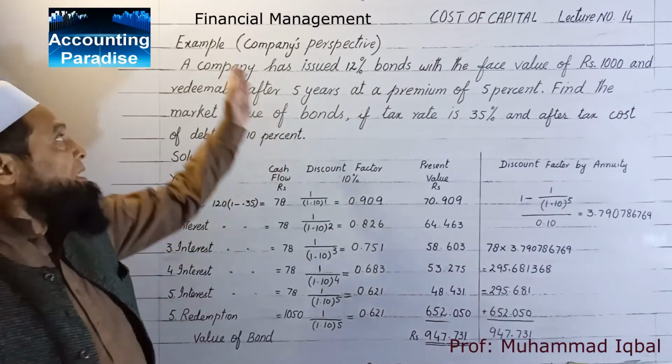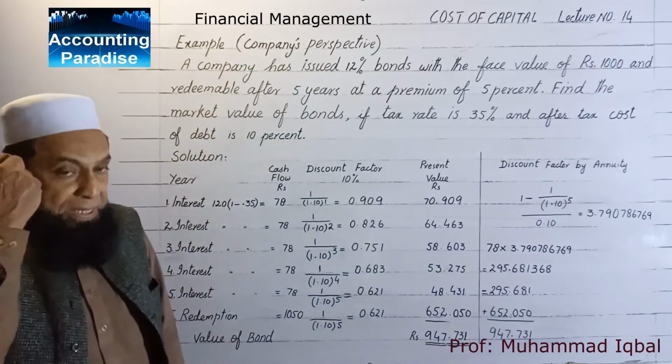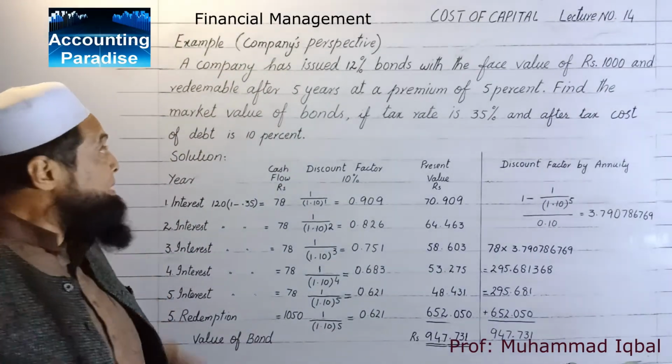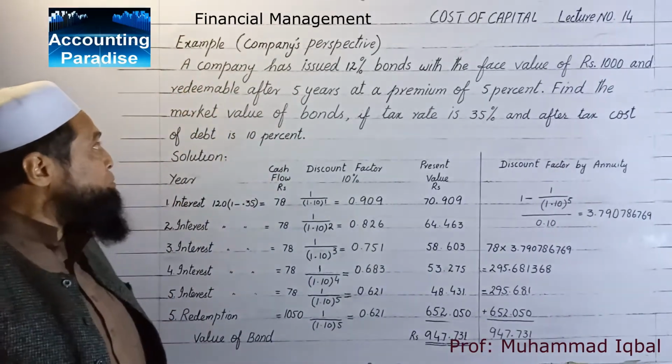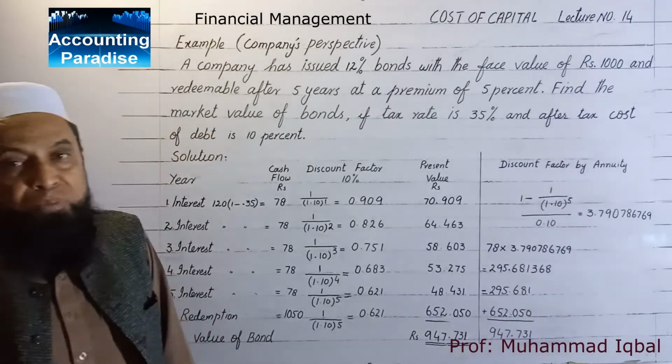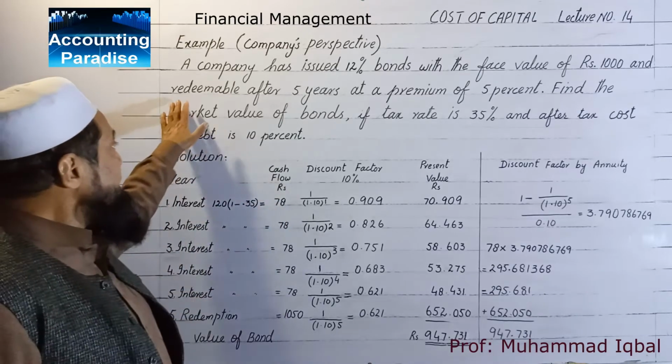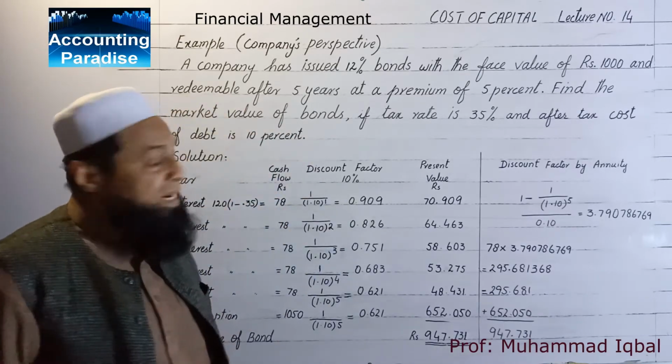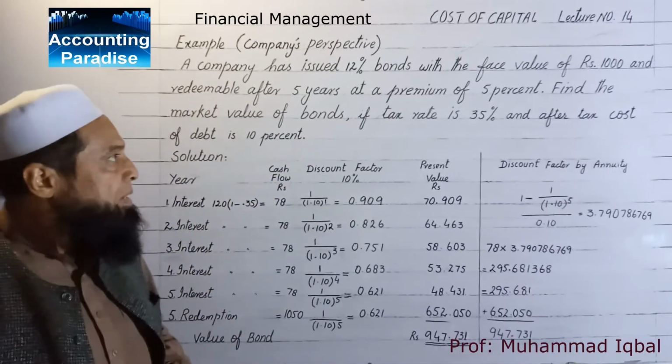Now the second example, from the company's perspective. A company has issued 12% bonds with a face value of rupees 1000 and redeemable after 5 years at a premium of 5%.